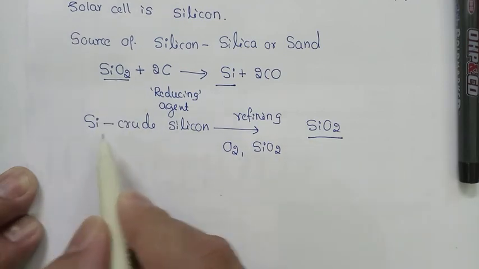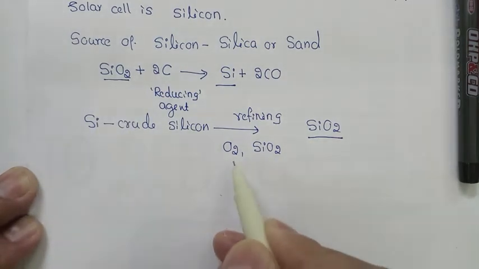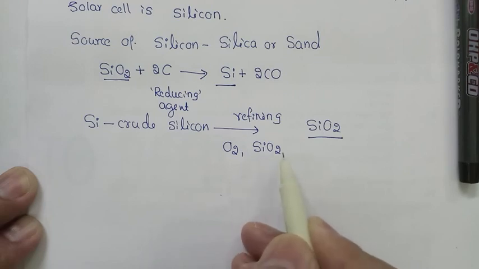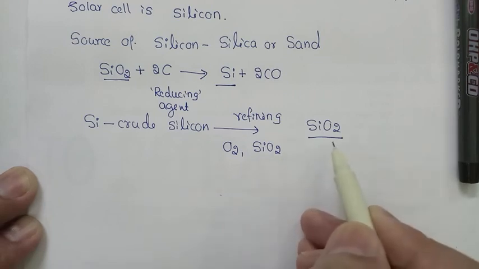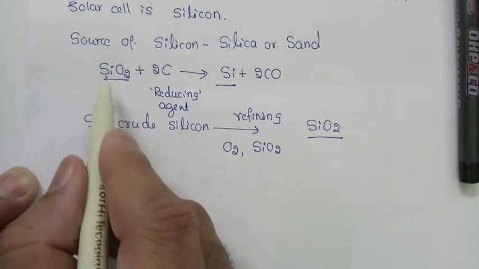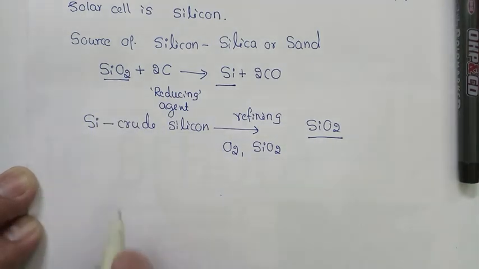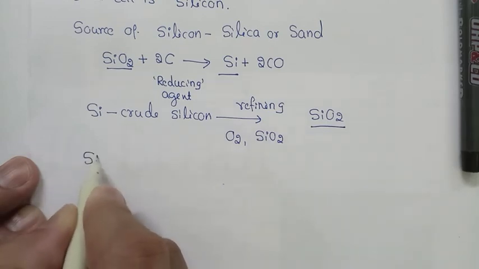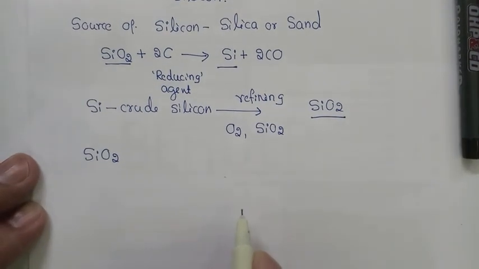So the crude silicon is converted using oxygen to pure silicon dioxide, with slag formation. So here we will get better purity silicon dioxide compared to the silicon dioxide used here.